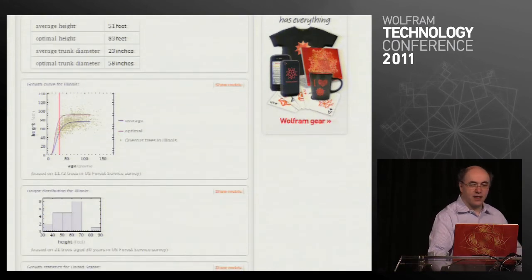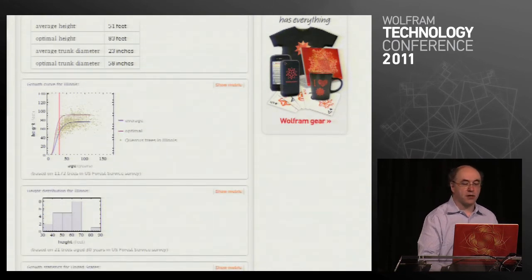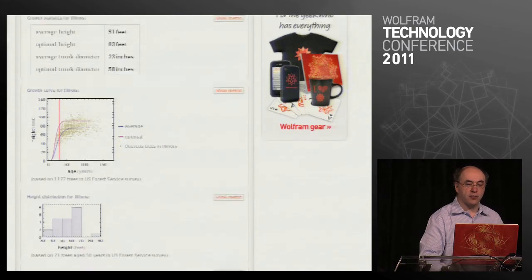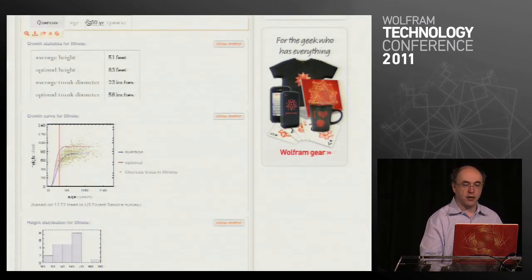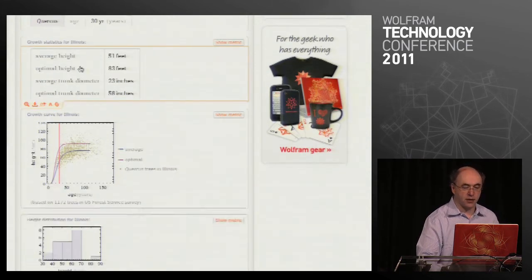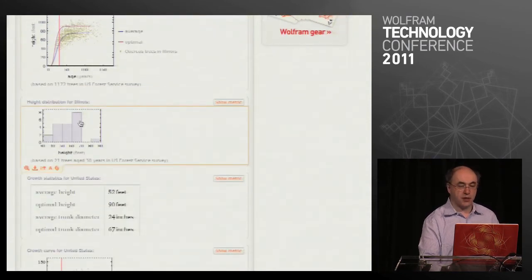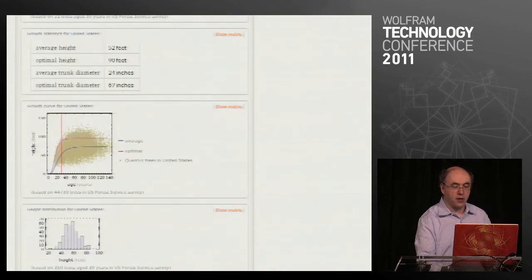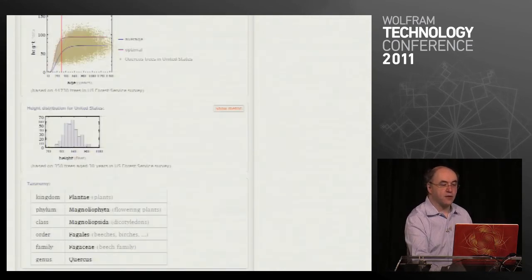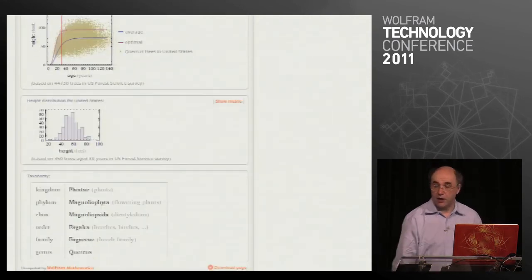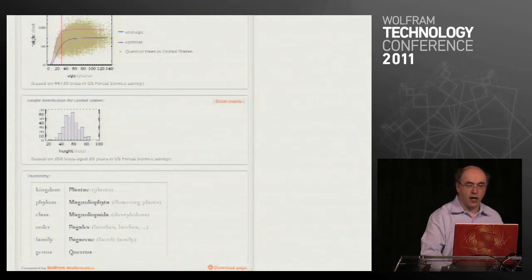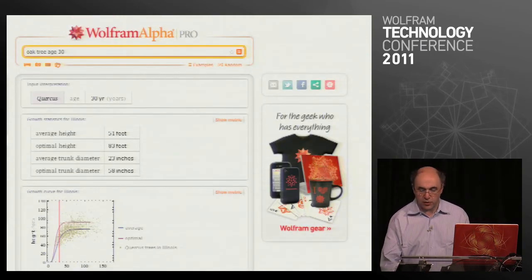We can do all sorts of computations about growth curves and so on, and we can estimate, for an oak tree of age 30 years, what will be its average height, and what are some distributions of height for trees in Illinois, and all sorts of things like this. There's the height distribution for all trees in the US of that type. It's just remarkable how much stuff can actually be computed in the world.